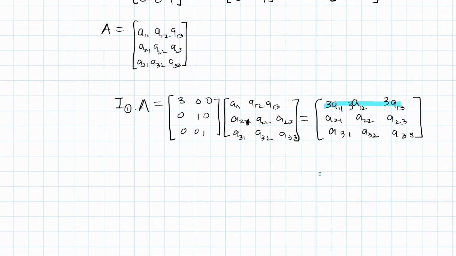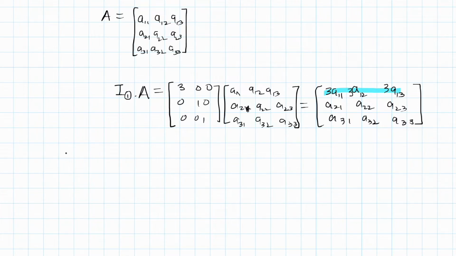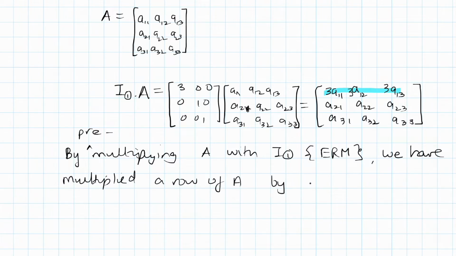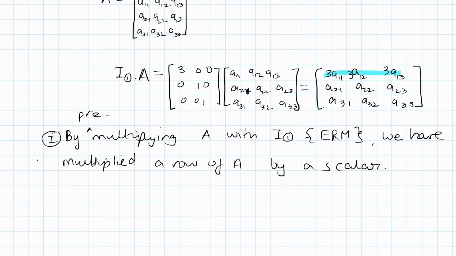Actually we should be a little more prudent and say by pre-multiplying A with I1, which is an elementary row matrix, we have multiplied a row of A by a scalar. So this is quite amazing. We have multiplied the first row of A by a scalar 3 by multiplying it with I1. So let me call this observation 1.